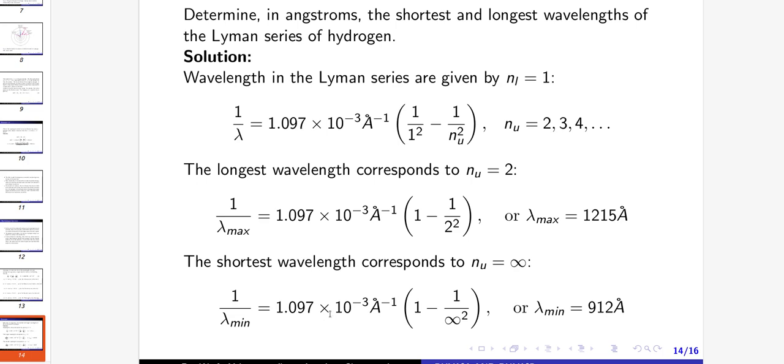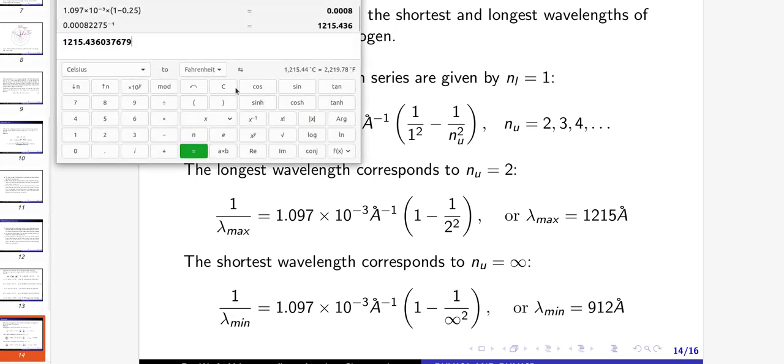Then you find the reciprocal of this, so you say 1 divided by 1.097 times 10 to the power minus 3. Then you obtain 911.577, which is approximately 912 angstrom.